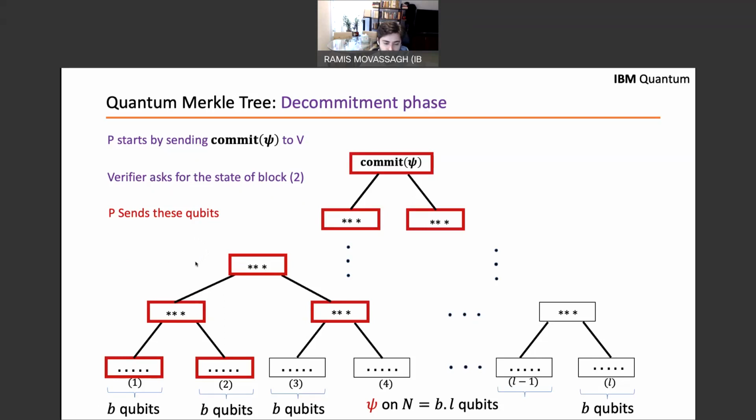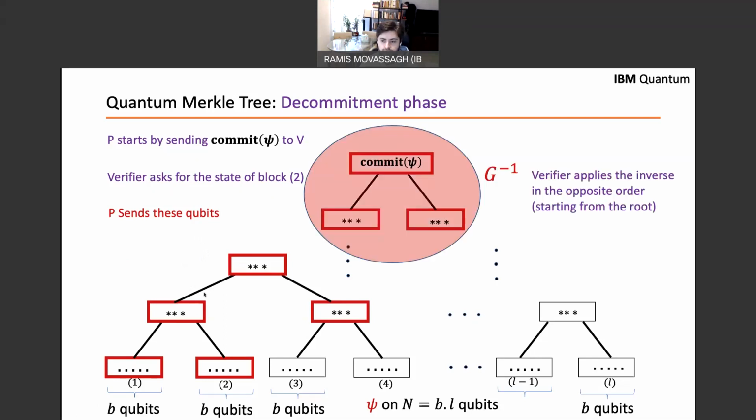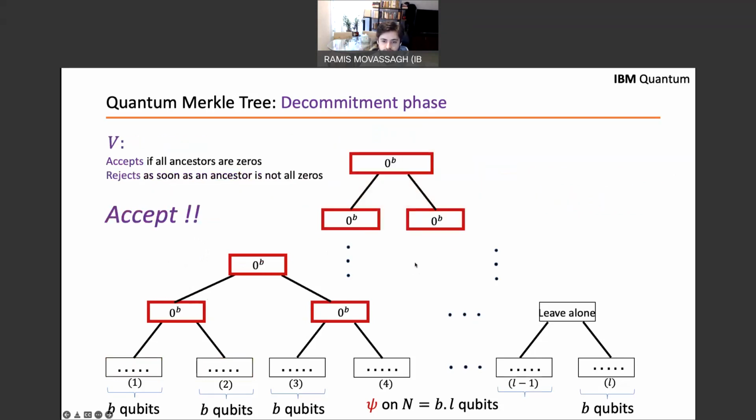Before the protocol starts, they agree on a G, which is a random Haar unitary, and its inverse. So V starts applying G inverse. It already had the commitment, and now it received these two, and applies G inverse. If it ends up getting zeros everywhere all the way to the root, it will know that the quantum state was not meddled with, and it'll accept.